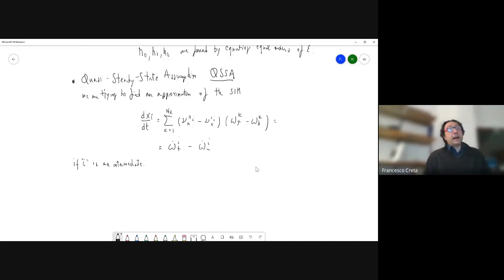Now, we know that if i is an intermediate, the initial evolution is very fast.